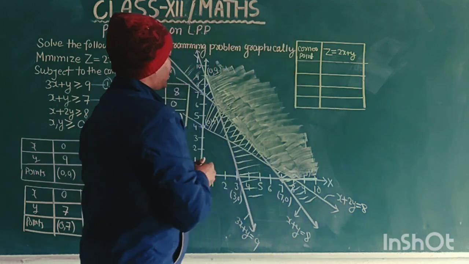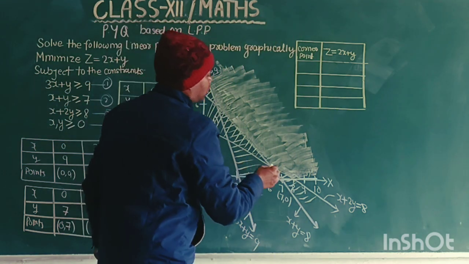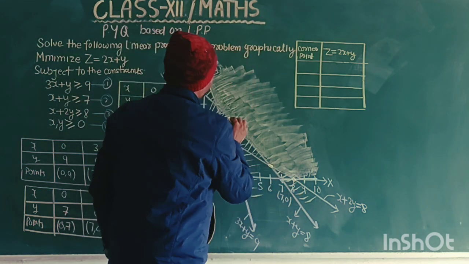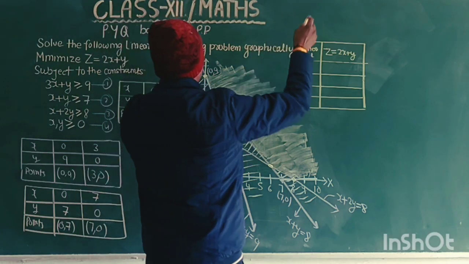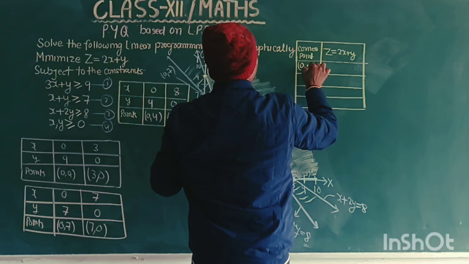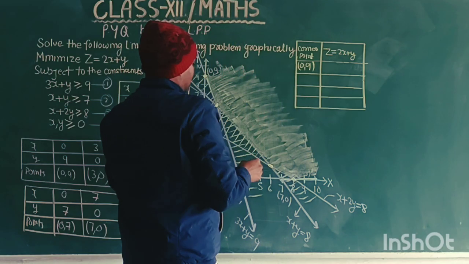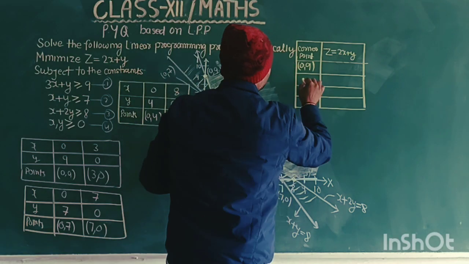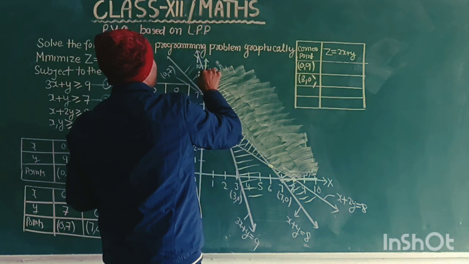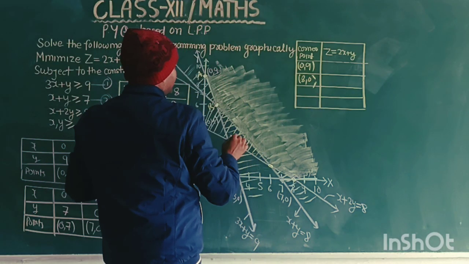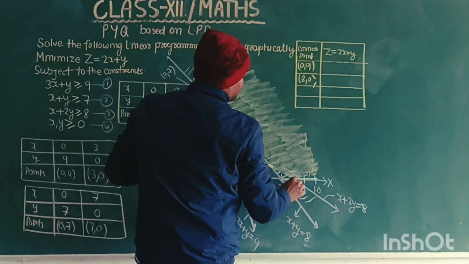So there are 4 corner points in the unbounded region. This is first, this is second, this is third, and this is fourth. So one is 0, 9, and here is 8, 0. Let's suppose this is point A, this is B, this is C, and this is D.